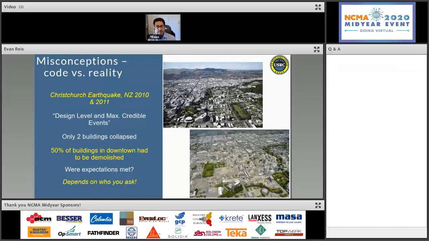One of the first things we have to understand about resilience, about the way we design buildings, is there is a misconception out there about how buildings are designed currently. And that really came to a fore in the Christchurch earthquakes in New Zealand in 2010 and 2011. There were two very large earthquakes, so these would have been considered sort of the big one, right, in terms of New Zealand seismicity. And the good news is that in that earthquake, in the entire downtown area, which consisted of thousands of buildings, only 2 buildings collapsed.